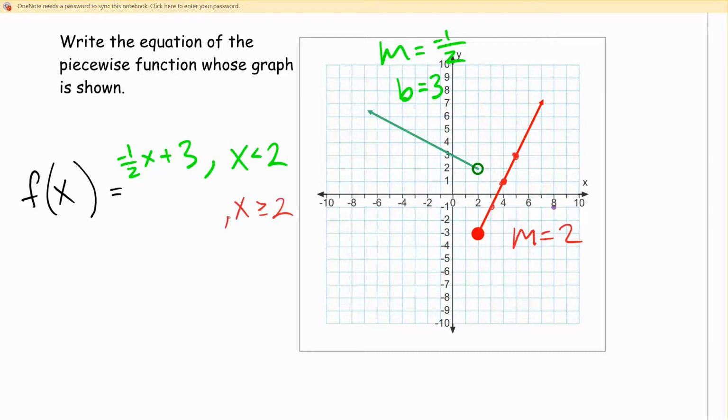Now if we go up 2 over 1, I'd have a point here, and a point here, so that means our y-intercept is negative 7. Those aren't actual points, just showing us how we'd get to our y-intercept by going up 2 over 1. So our equation would be 2x minus 7 for x values that are greater than or equal to 2.